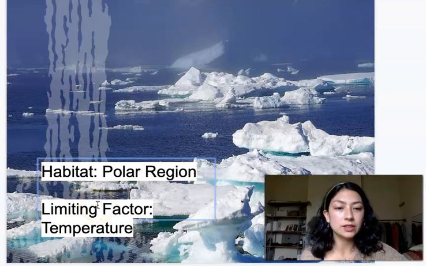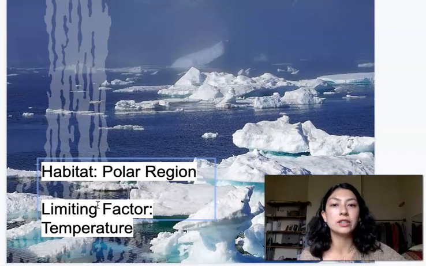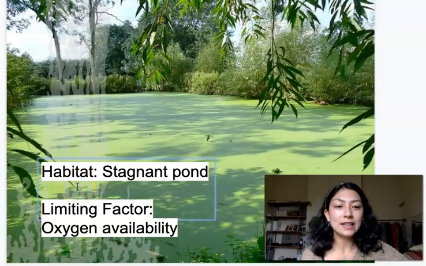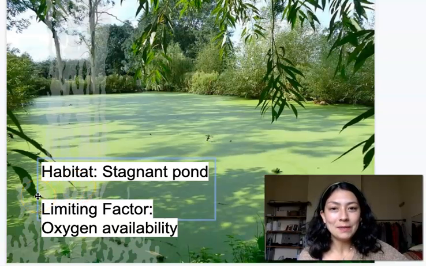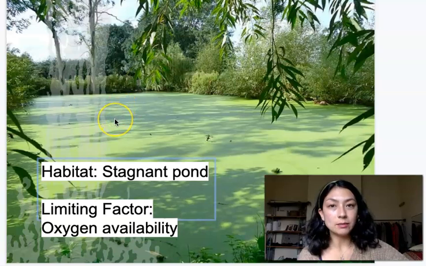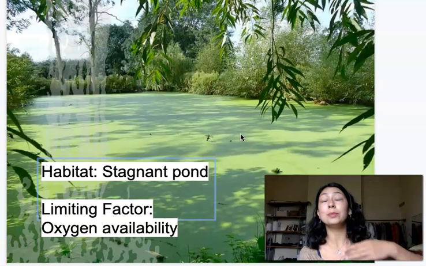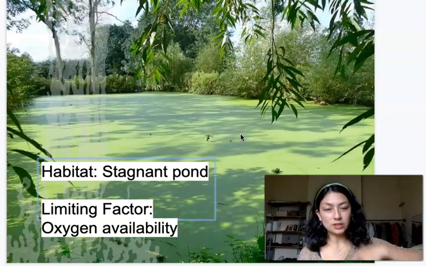Polar region, of course, the limiting factor is temperature. Not every creature can survive in these extreme cold environments. Let's look at one more. A habitat like a stagnant pond. As you can see, stagnant meaning it doesn't move, it stays still, and it's covered in this algae. So there's not really much turbid action of the water, I should say. So there's not much water being moved around.